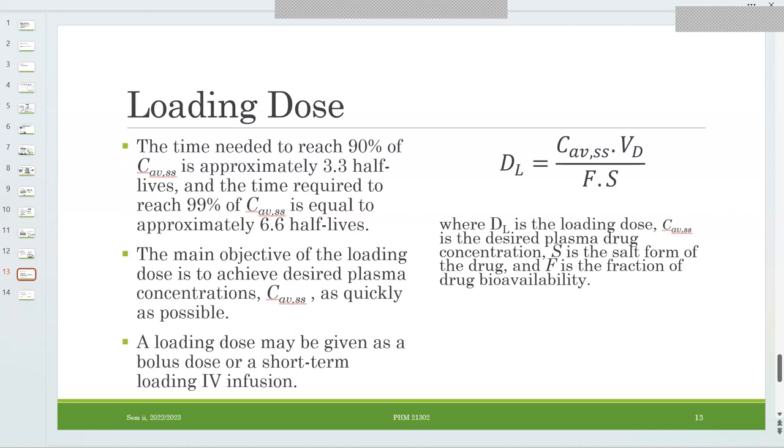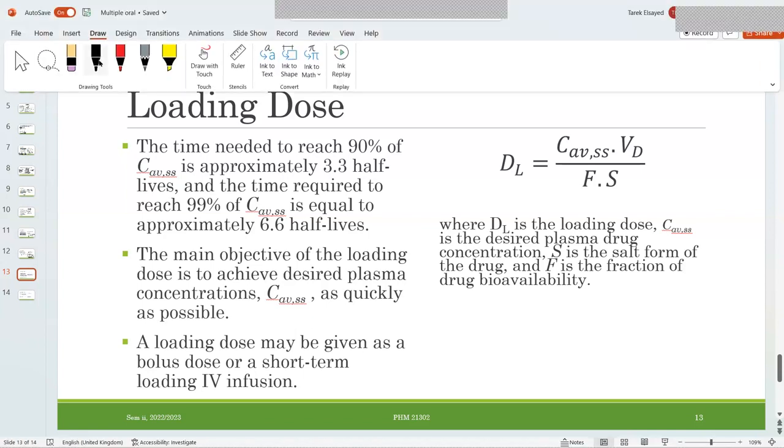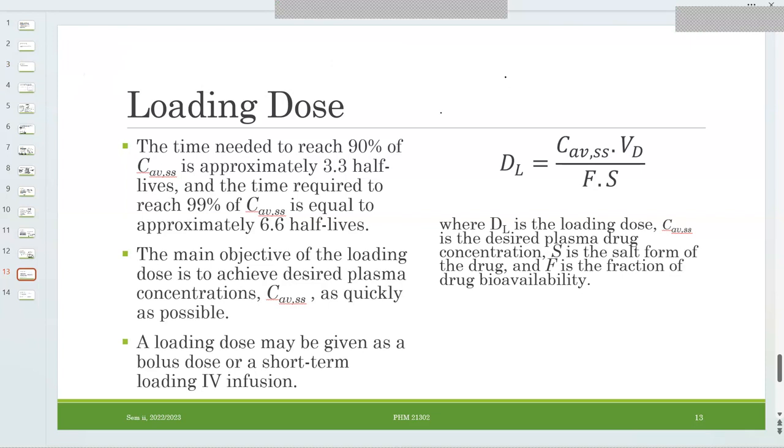So we just multiply by the volume of distribution. Simply the equation is, because the loading dose will also be given by oral route, we are using a simple form like this: dose equal to the target concentration times Vd.